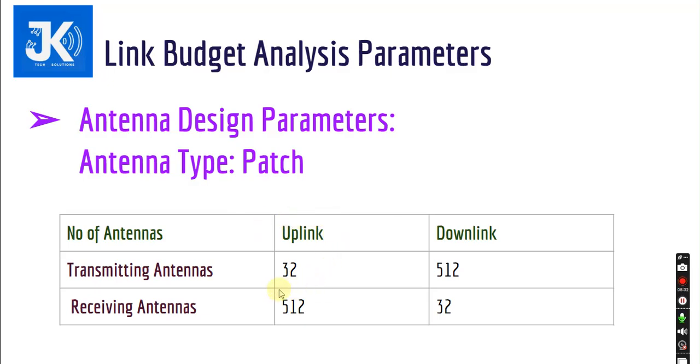For uplink in transmitting antennas, we have a total of 32 antennas, and in downlink, we have 512 antennas. Similarly, in the receiving antennas, for uplink, we have 512 antennas, and in the downlink, we have 32 antennas. These are the number of antennas that we have considered for both uplink and downlink, for the transmitting and receiving antennas.